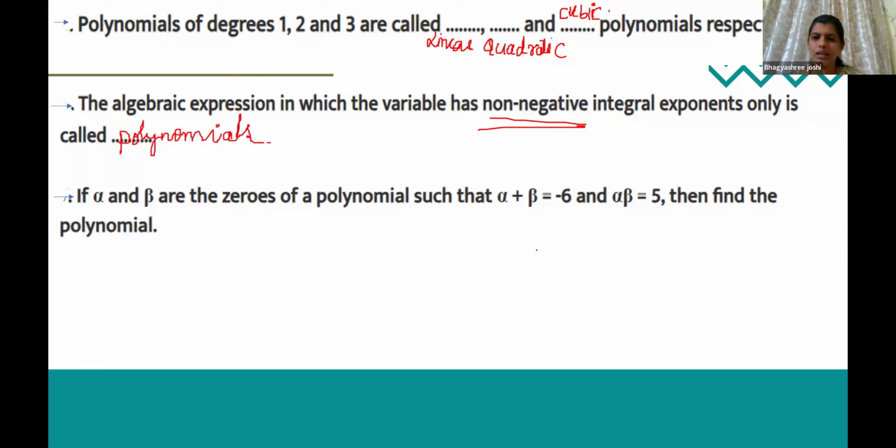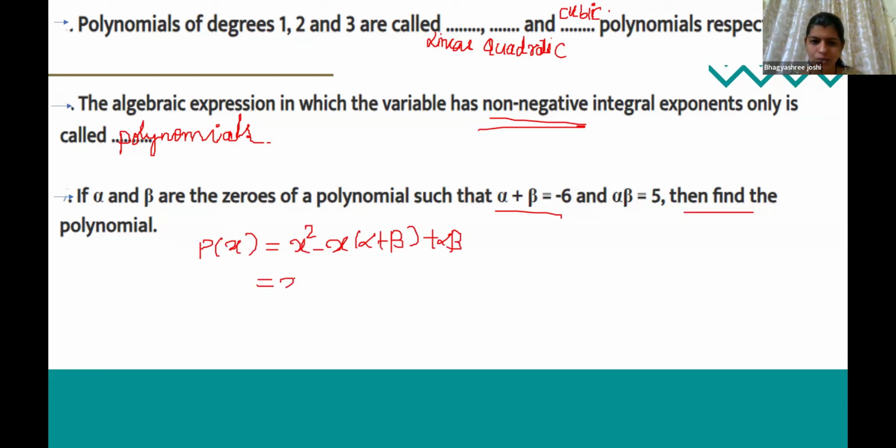Okay. Next one. If alpha and beta are the zeros of the polynomial such that alpha plus beta is equal to minus 6, alpha into beta is equal to 5, then find the polynomial. That means here we need to find the quadratic polynomial. So alpha plus beta value is minus 6 and alpha into beta value is 5. Here also we need to use that expression, that is x square minus x into alpha plus beta plus alpha into beta.